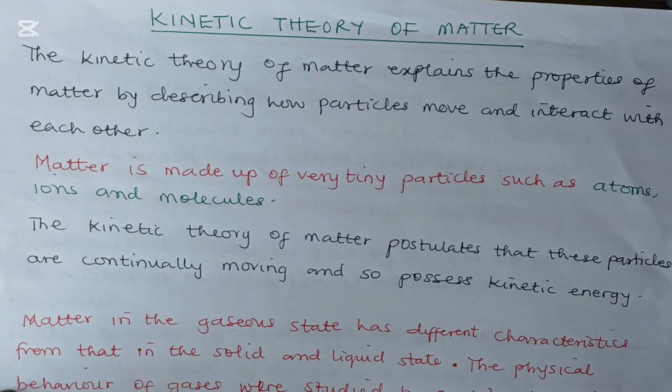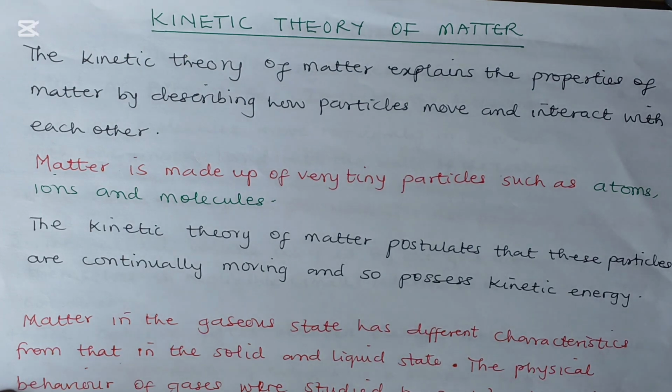Now, we all know that matter is anything that has mass and occupies space, and it exists in different forms. The most common forms are solid, liquid, and gas. And matter is made up of very tiny particles, such as atoms, ions, and molecules.